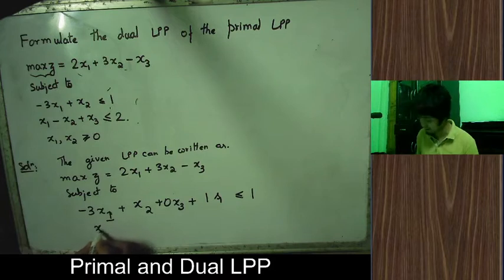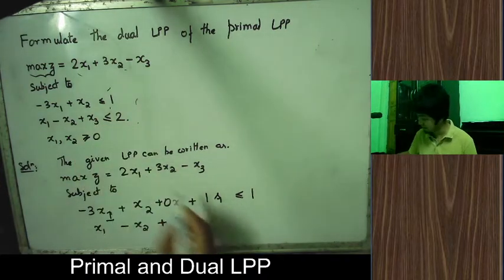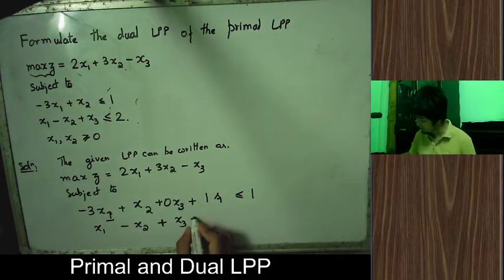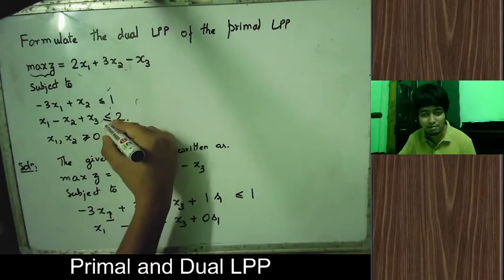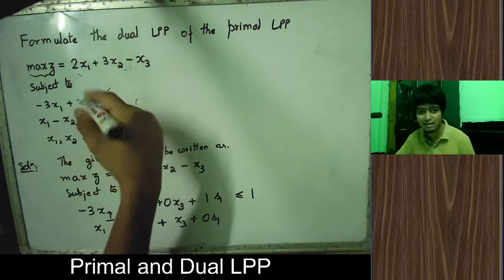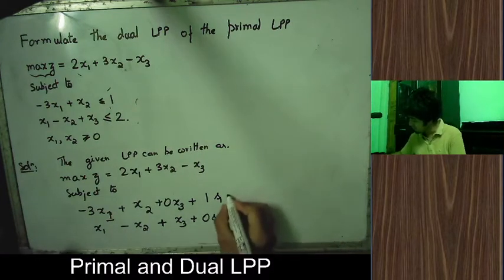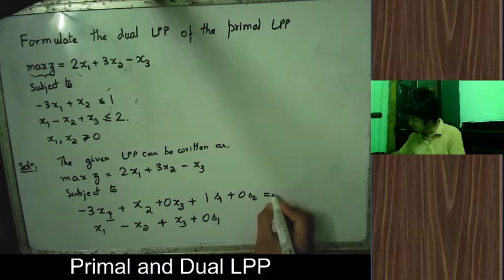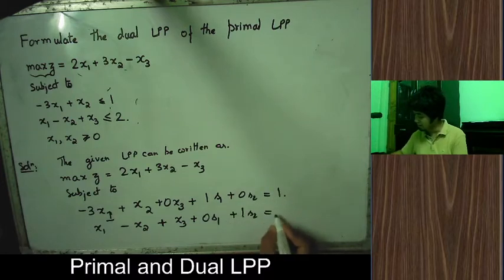constraint can be written as x1 minus x2 plus x3. It does not have s1, so you can write it as 0s1. But you will also have to introduce another variable over here, which is s2. So this one will be plus 0s2 equal to 1, and over here will be 1s2 equal to 2.